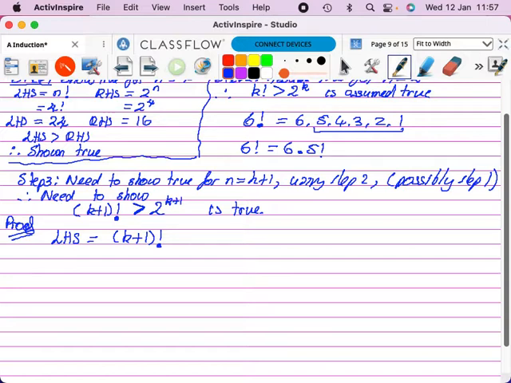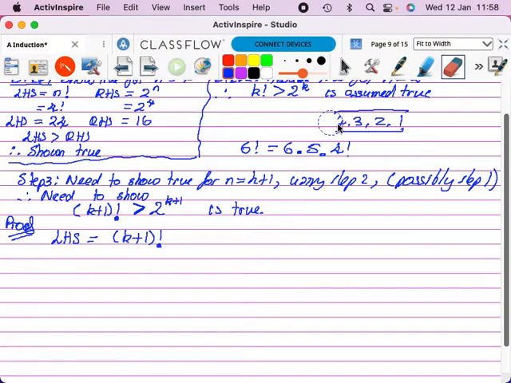So the rule with factorials is wherever you stop, you can actually write a factorial. So I could have gone 6 times 5 times, and the rest of it is 4 factorial. Now you might want to pause, you might want to write that down on a separate sheet of paper and think about it for a few minutes.